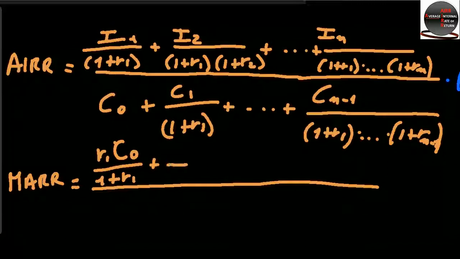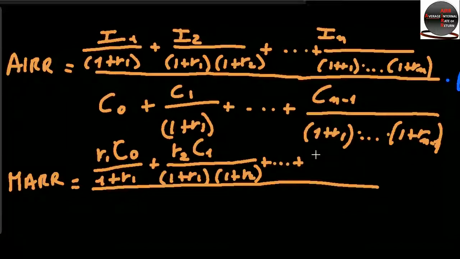The second market return would be R of 2 times C1, and we discount by 2 periods with the first 2 costs of capital, and so on until the last market return, which is R of n times C of n minus 1, and we discount back by n periods. So we have this product.